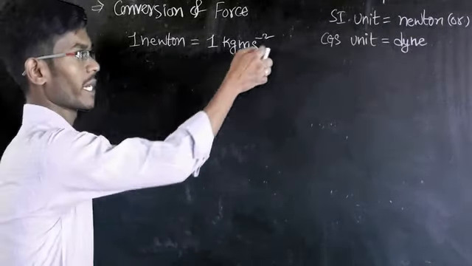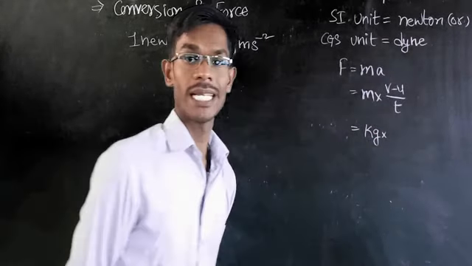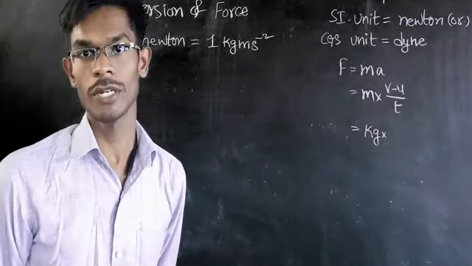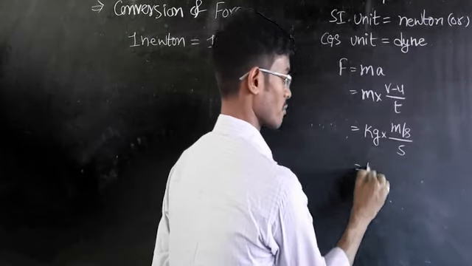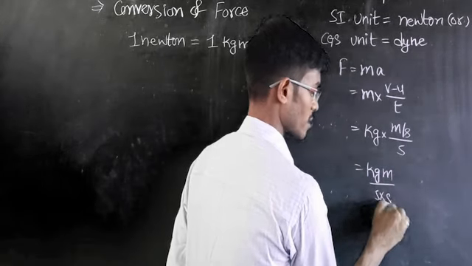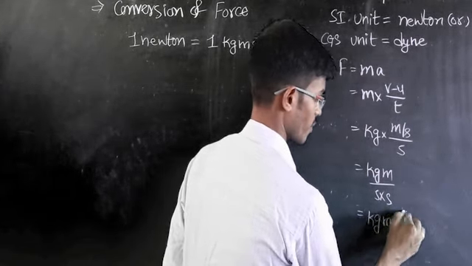The mass unit is kilogram, and the velocity unit is meter per second, divided by the time unit, second. If you simplify this, we get kilogram meter by S into S, which is equal to kilogram meter S power minus 2.